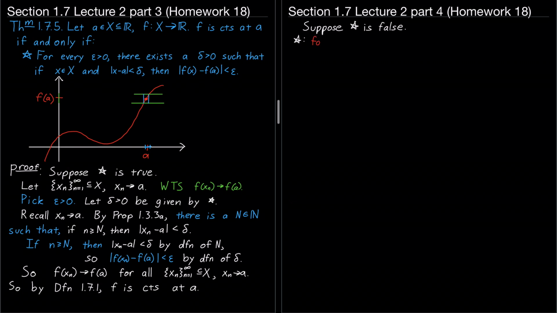For every epsilon greater than 0, there exists a delta greater than 0 such that we have that for every number x in X with absolute value of x minus a less than delta, then finally we have f of x minus f of a, that thing is less than epsilon.